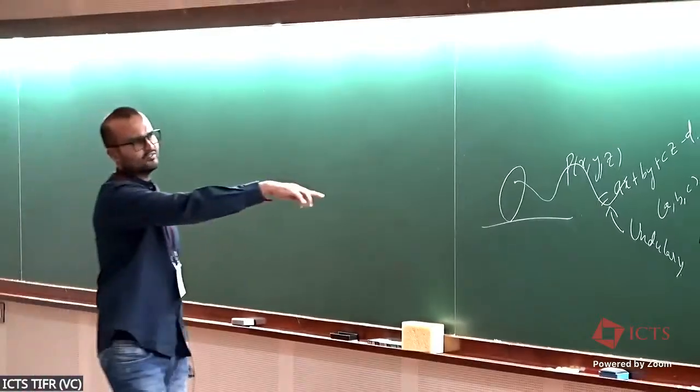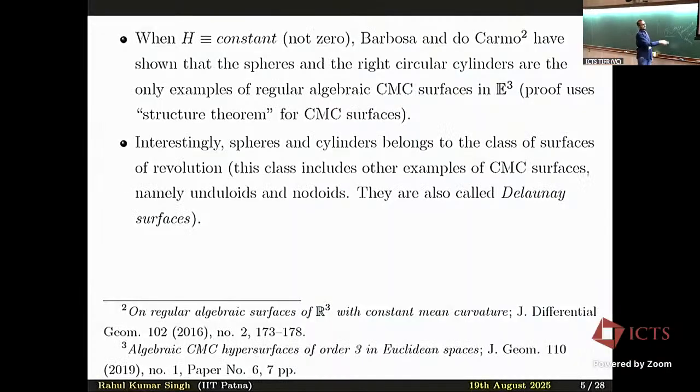This is a curve in a plane, and when you rotate it, you will get a surface of revolution. I will talk about these things later on, but you can imagine a surface of revolution generated by this curve.